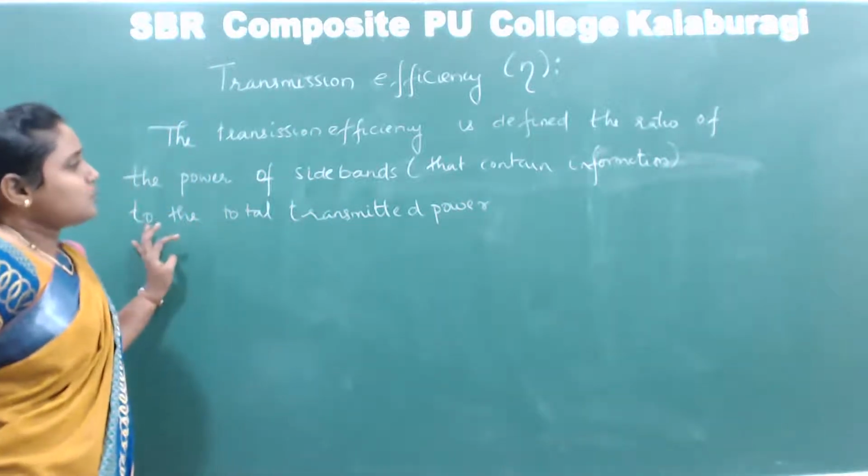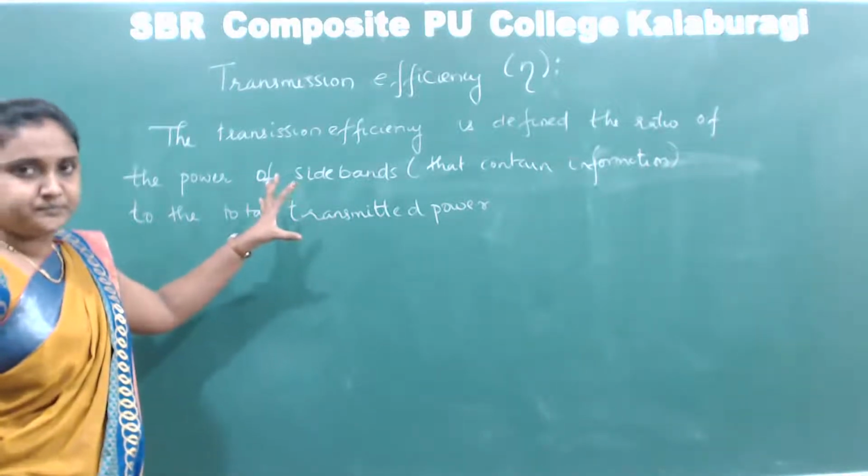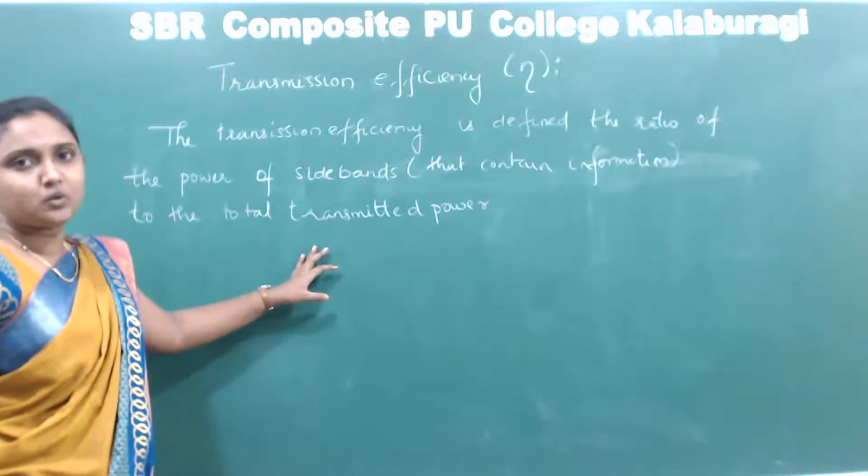Because the information is only contained in the sidebands, it is the ratio of the power of the sidebands divided by the total power.